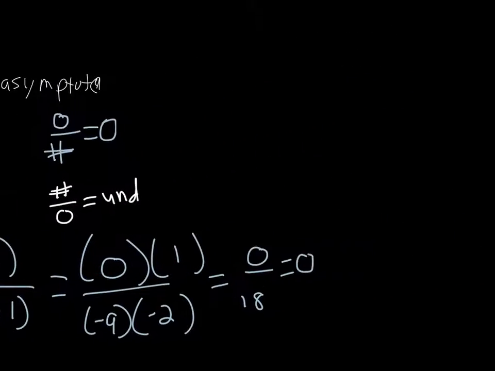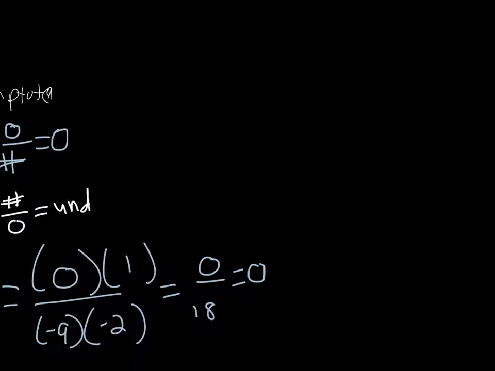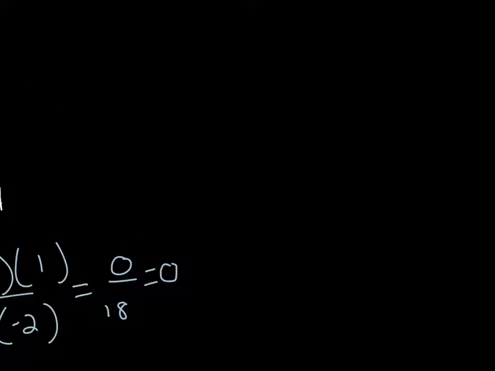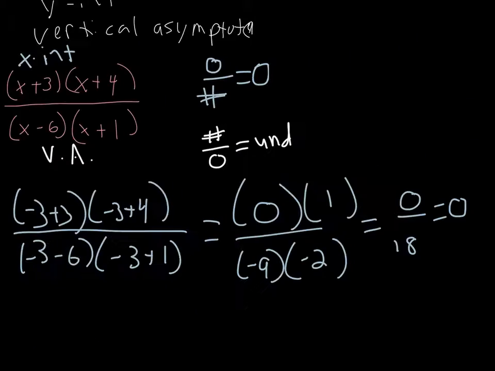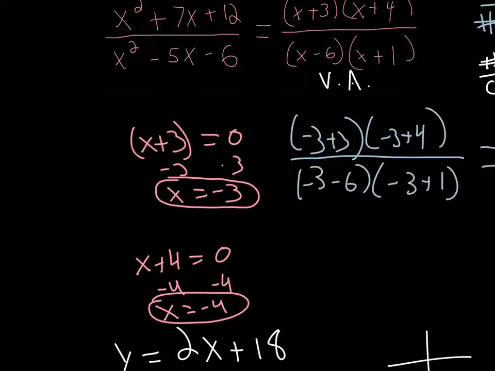So x minus 6 and x plus 1. Those are our two factors. Notice I'm splitting them up just like we did over here for our numerators. So we have the x plus 3 equals 0, and x plus 4 equals 0.